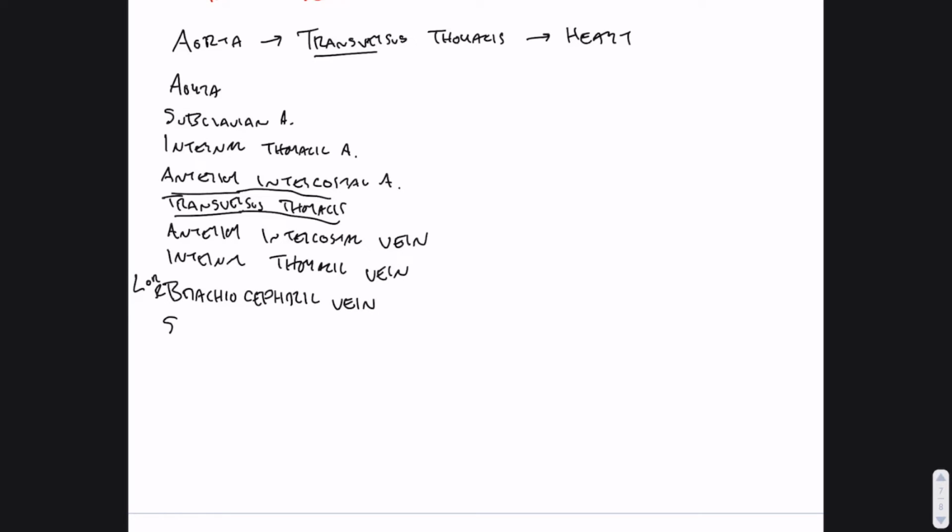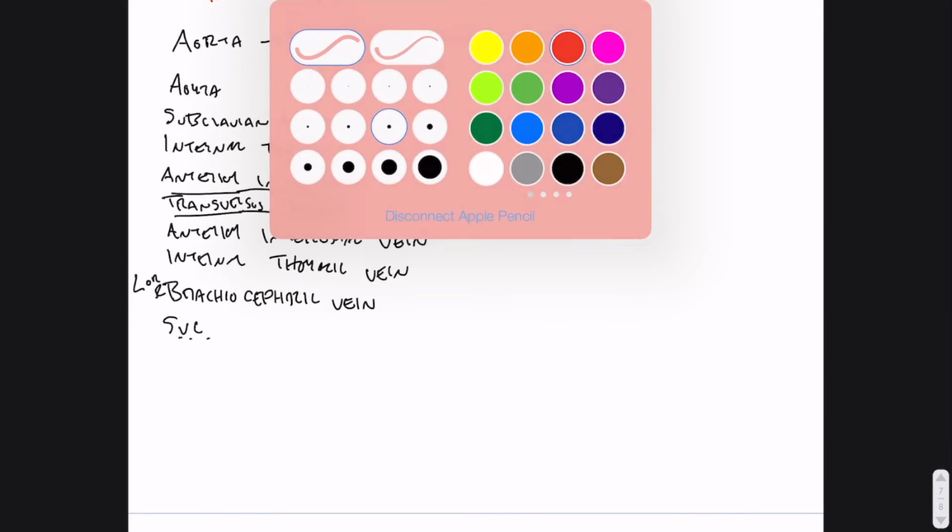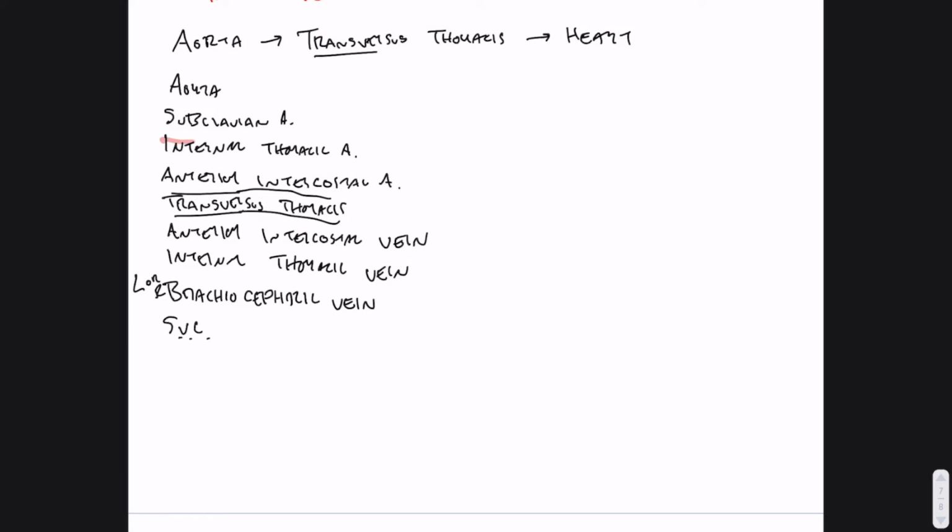And those brachiocephalics go into the superior vena cava. So the difference here between the arteries and veins is you can see the artery, internal thoracic artery, came off of the subclavian artery, where when we're looking at the venous system, that internal thoracic vein goes to the brachiocephalic vein, not the subclavian vein. So pretty much the exact same pathway with that minor little detail change.